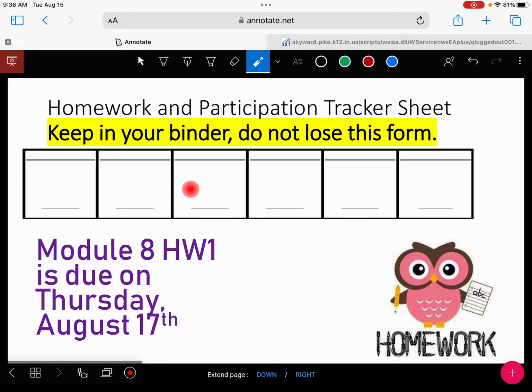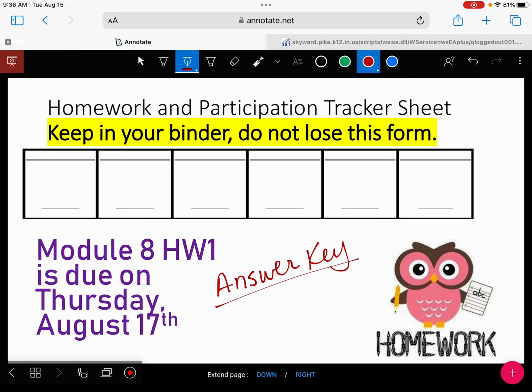So every homework assignment is worth 50 points. But after I post the answer key, the most you can get is 35 points. So you want to make sure you get your homework checked off before I post the answer key. The answer key for this first assignment is going to post on Monday, so you can check your homework and make sure you're doing it right.